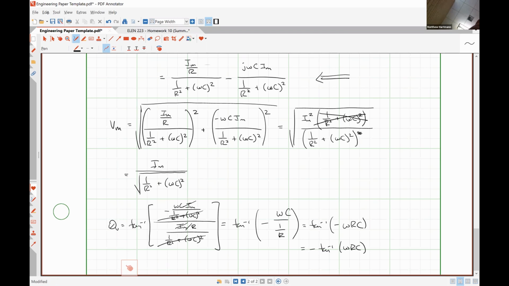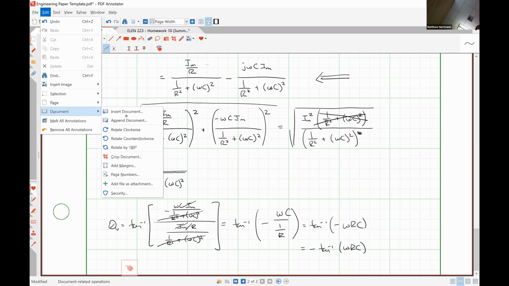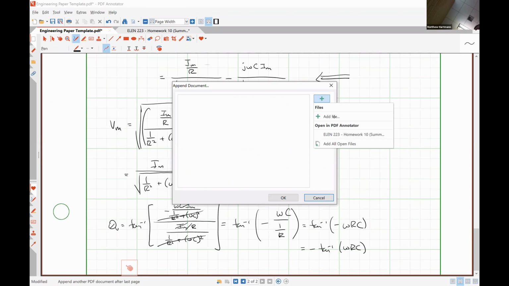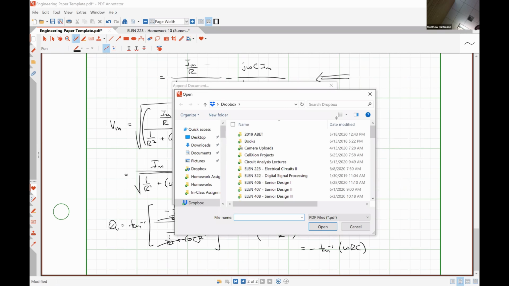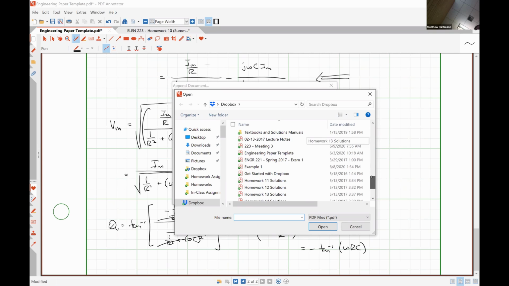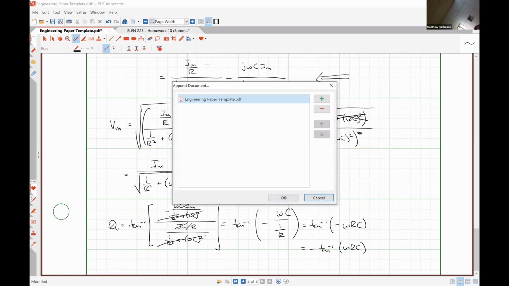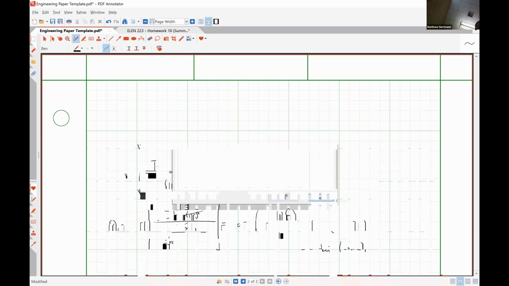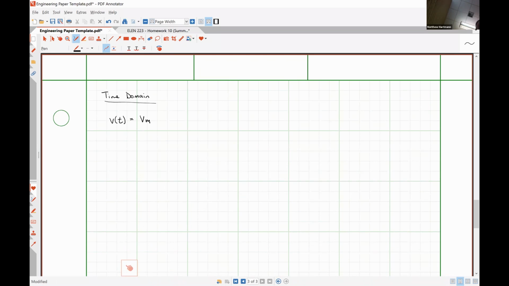So let me add another sheet here. So in the time domain, we're dealing with voltage signals of the form Vm sine or cosine omega t plus some phase angle theta v.